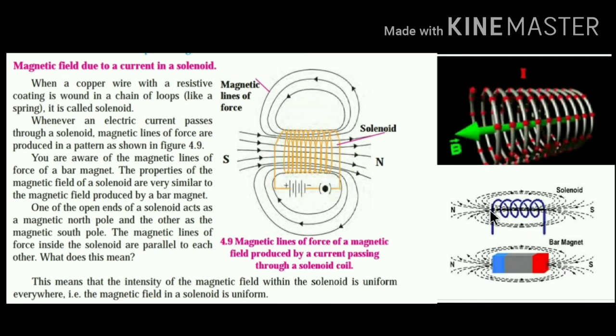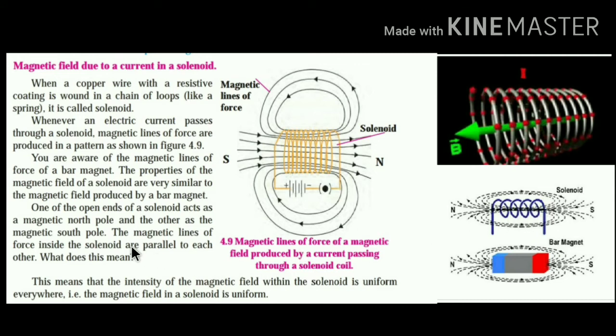In this also, they start from the north pole and end at the south pole. These are parallel to each other and are concentrated at the north pole and the south pole. So these are the properties of the magnetic lines of force of the bar magnet, and also of the magnetic lines of force produced in this solenoid.